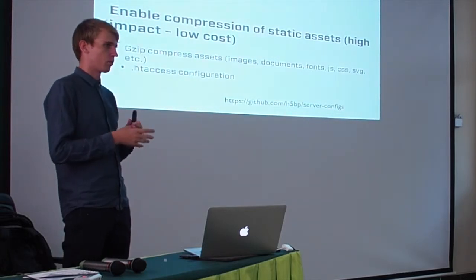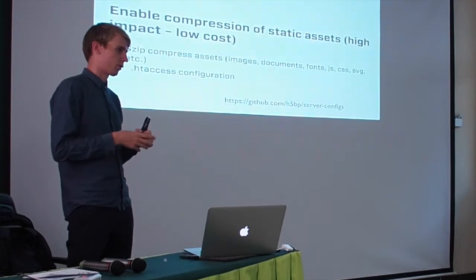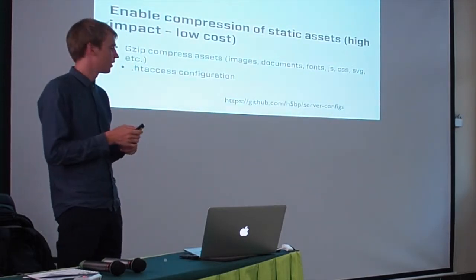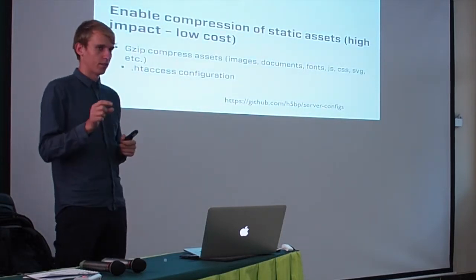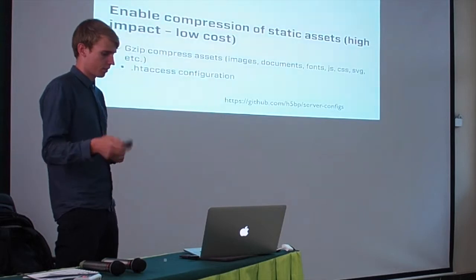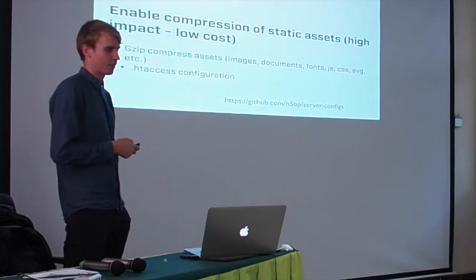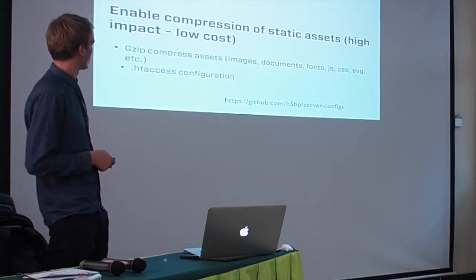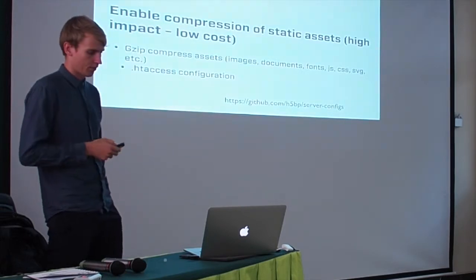If you enable compression, then it's transferring it much more compressed than it would otherwise. And that means it's a smaller file, and there's the decompression on the client side. So it's also another very easy thing to do, and it has a really high impact.